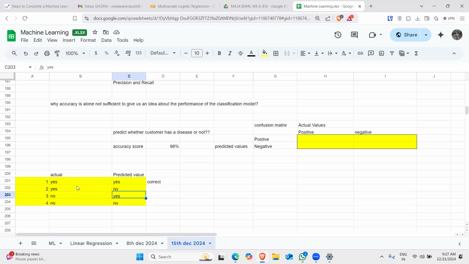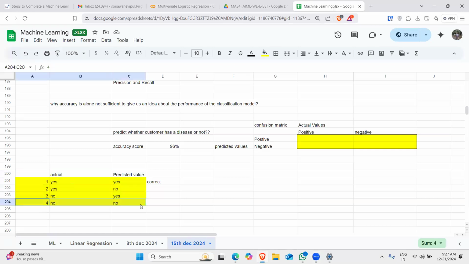Consider this entire thing as one bucket. Your actual value was yes, and the model has predicted yes, so it is correct. Actual value was yes, but the model said no, so that is incorrect.